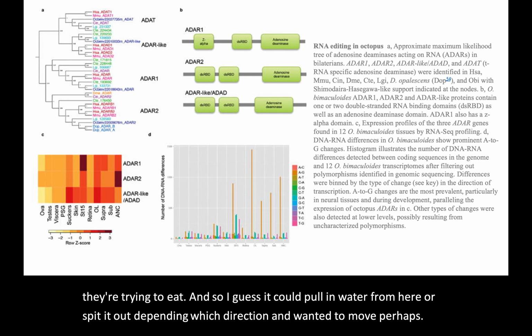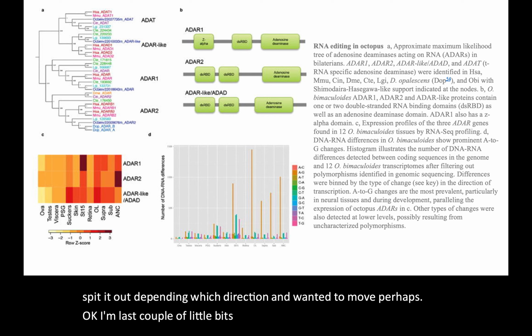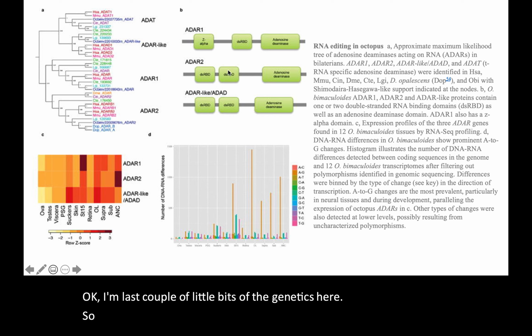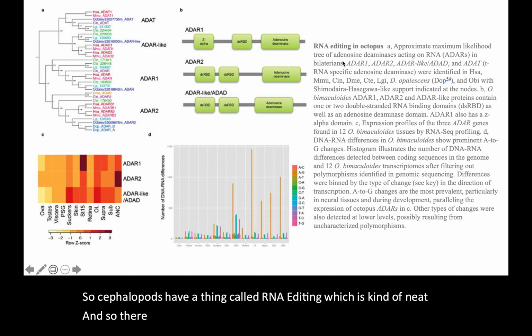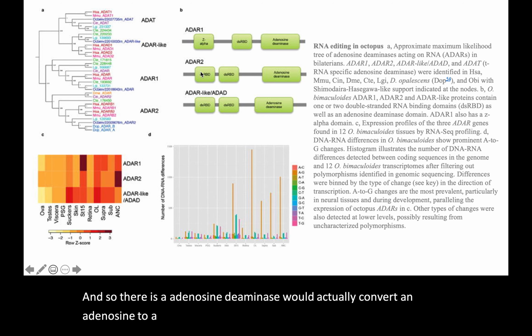Okay, last couple of little bits of the genetics here. So cephalopods have a thing called RNA editing, which is kind of neat. And so there is an adenosine deaminase that would actually convert an adenosine to a different nucleotide. And so some creatures, including humans, will actually do this.